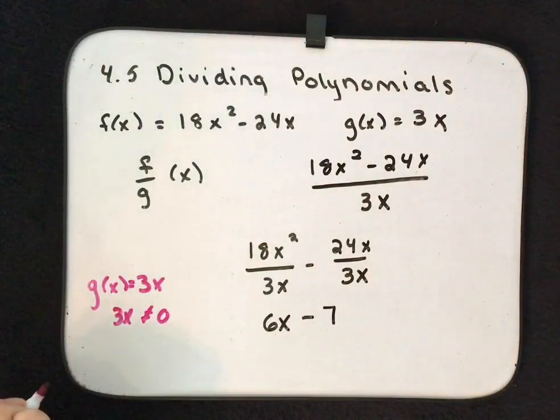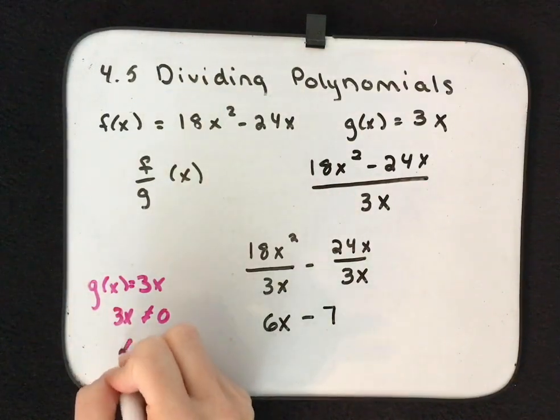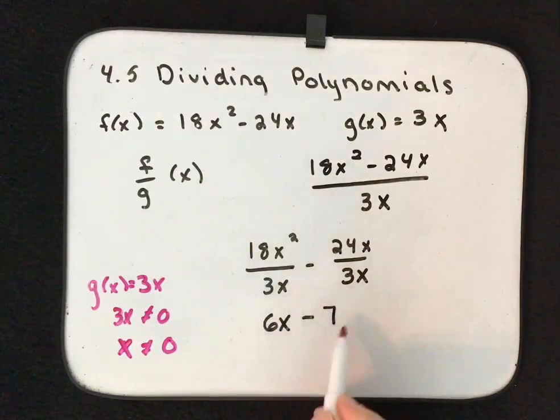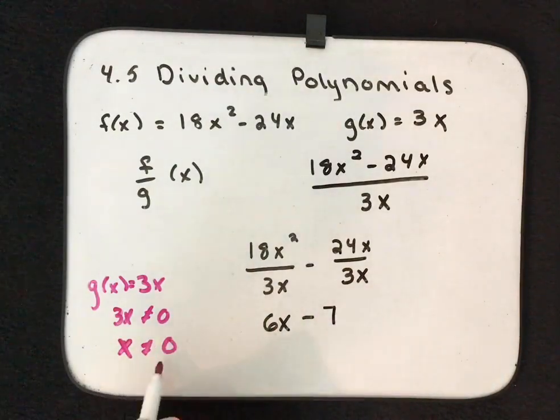So our restriction is 3x cannot equal 0. So that means x cannot equal 0. So if you're asked to find the domain, in this case, yes, this is what you get when you divide. But we have to keep in mind that the domain for this one is x cannot be equal to 0.